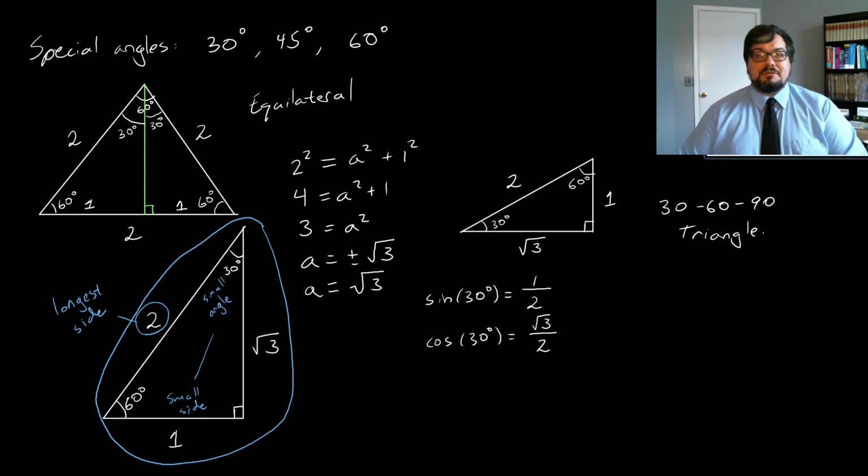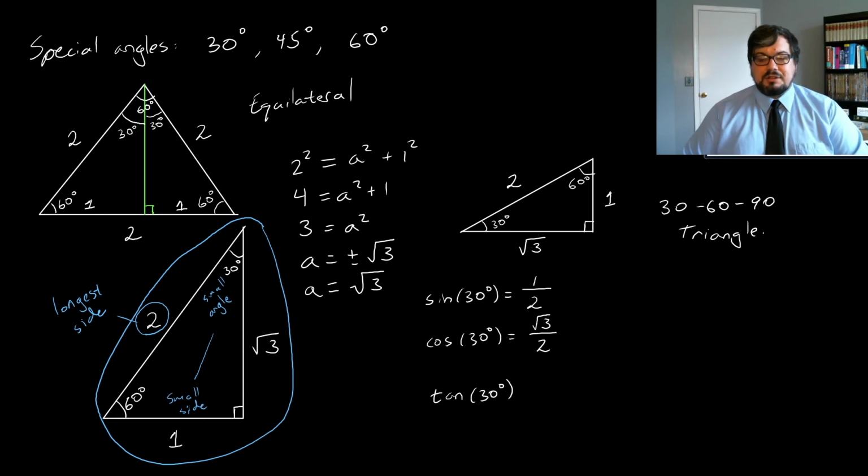So cosine of 30 degrees is square root of 3 over 2. Tangent of 30 degrees is the length of the opposite side over the length of the adjacent side, and once again, that depends on the angle that we're looking at. So sine of 30 degrees is 1/2, cosine of 30 degrees is square root of 3 over 2, tangent of 30 degrees is 1 over square root of 3.